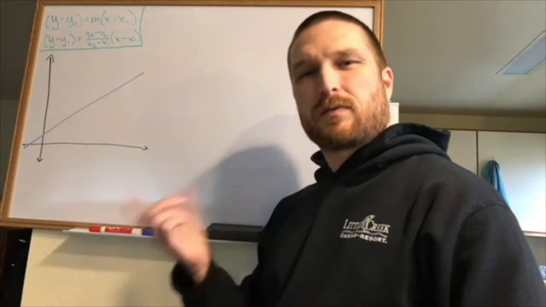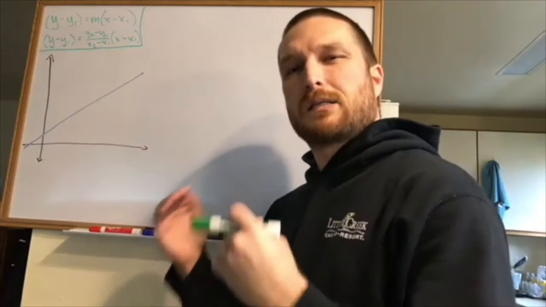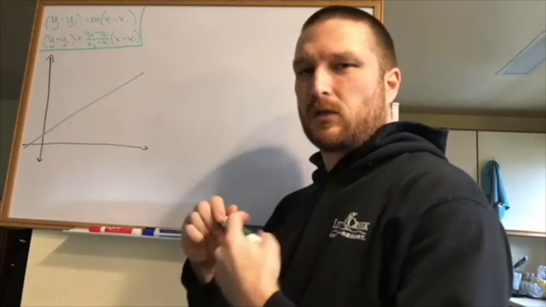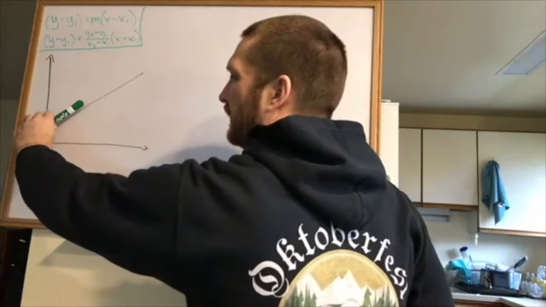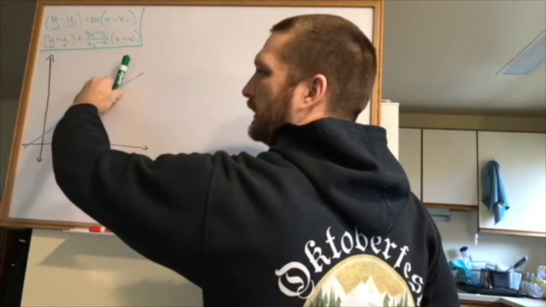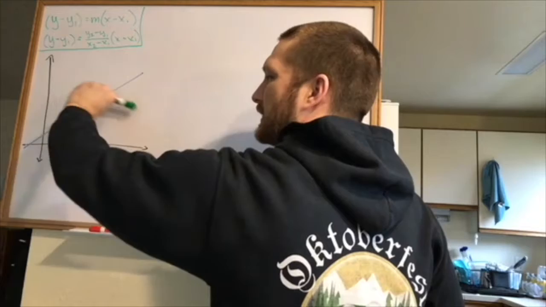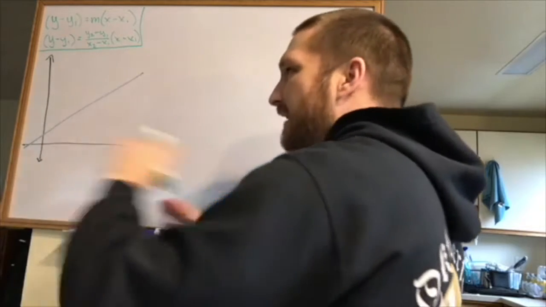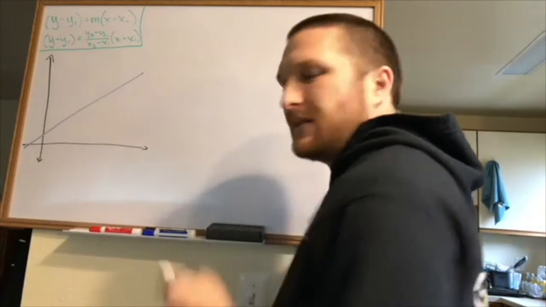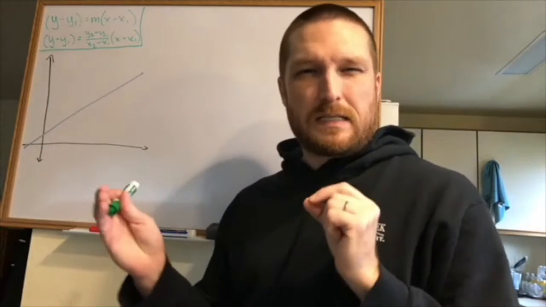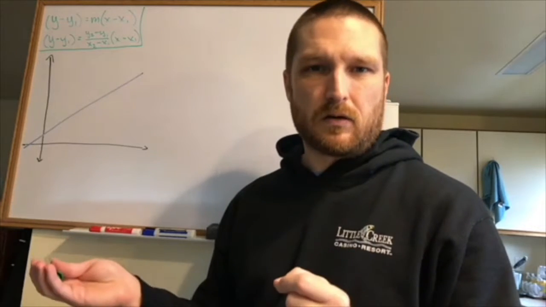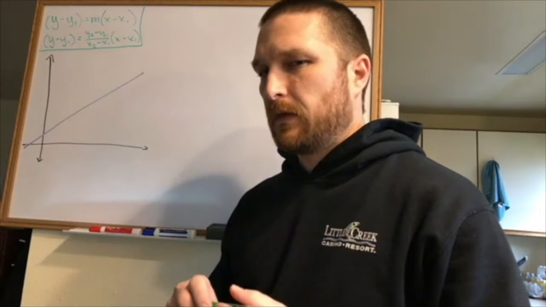It's the rise over the run. The thing about a line is that its slope is always the same. It's never changing. The rise and the run are not getting bigger or smaller. It's always the same everywhere on the line. So it doesn't matter what 2 points we take to calculate the slope. We could take any 2 points.